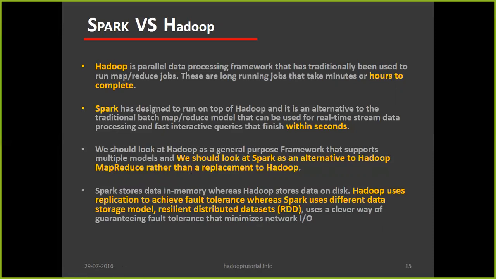And at the same time, we should not always treat Spark as a replacement for Hadoop. When you say, yes, now I got upgraded to Spark, I can run everything in Spark with faster speed, so can I remove the MapReduce framework? Obviously not.